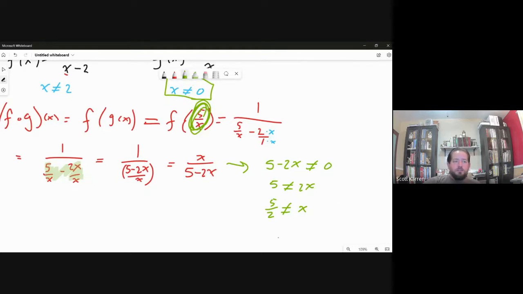Even though it's not evident by the result, I still have to consider that, because I would never have had a number to put into f if I had tried to evaluate g at 0. Even though plugging in 0 here would just be 0, it still doesn't work because of that input function that carries that domain issue all the way through. And so in the end, I have these two domain restrictions on f of g of x.